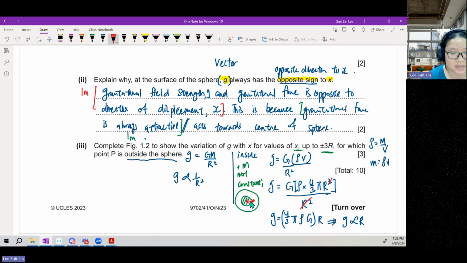The amount of mass that attracts you is the one that I shade, not the whole thing. But when you are outside, let's say you are here, then the amount of mass that attracts you will be the whole thing. So M is constant outside the sphere. Inside the sphere, M is not constant. But regardless, G and M are constant, and they're asking us for outside the sphere. So g would be inversely proportional to r squared. Let me go back to the graph.